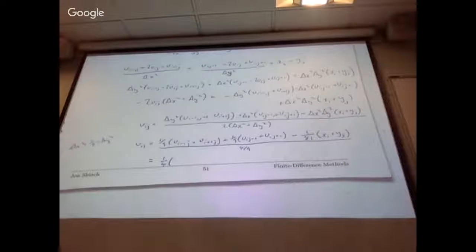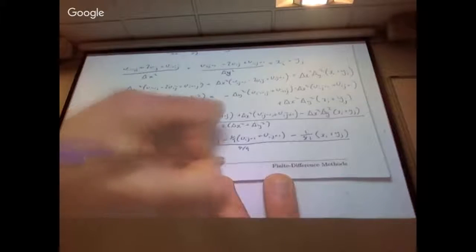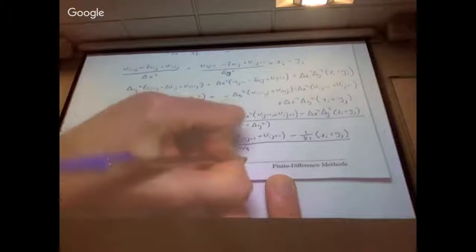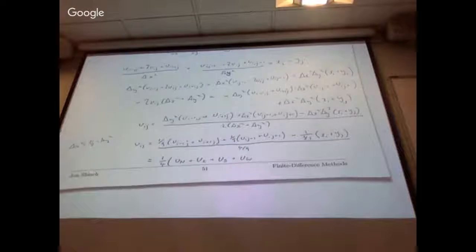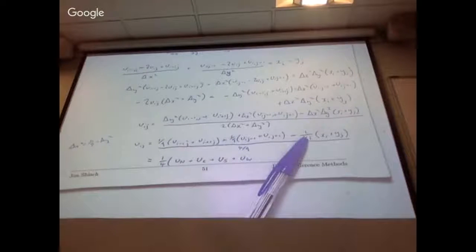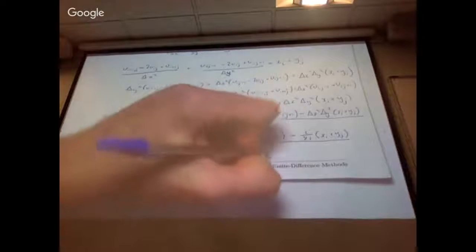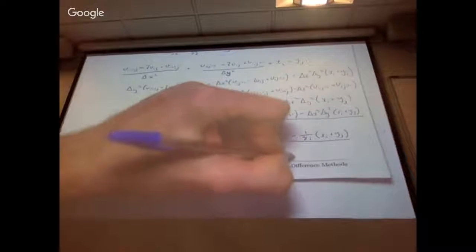I'm a bit bored of writing i's and j's, so I'm going to just go to the compass notation. Is that all right? So u north plus u east plus u south plus u west. Because that's multiplied by 9, that just becomes 1, and so does that. 1/81 times 9 is going to be 1/9. 1/9 times x plus y.